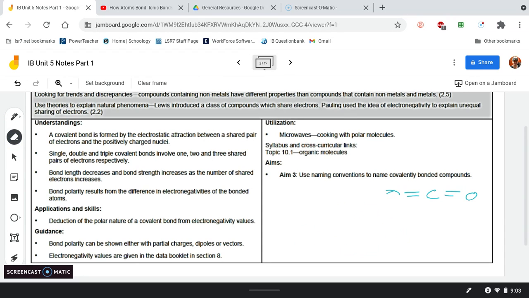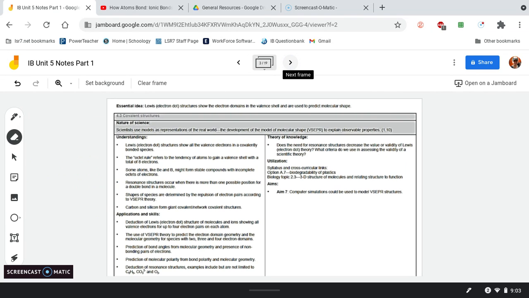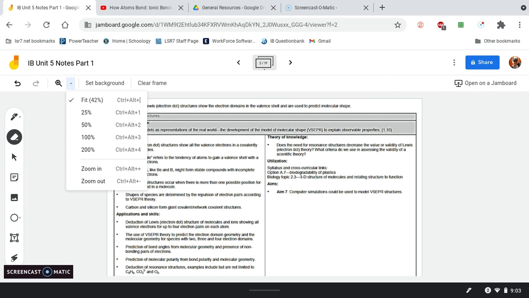And here's the thing. We talked to you last year about double, single, triple bonds, all that kind of thing, but we didn't even give you all of the shapes. So you got an abbreviated education on that, and we will go through more of the shapes than you did last year.